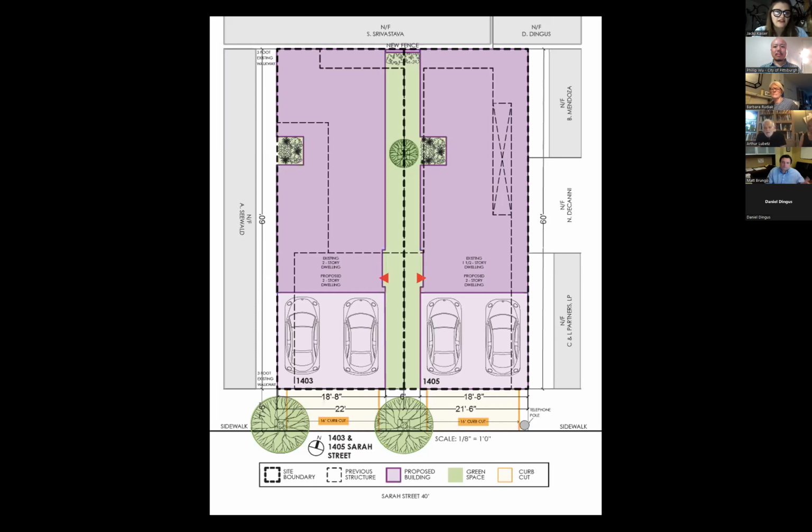So this is Jackie. This was, I think, a great conversation. Does anyone else have any other questions that haven't been asked so far? Because what happens next, and these meetings are great for the developers to hear back from the community based on their concerns with the proposed plans.